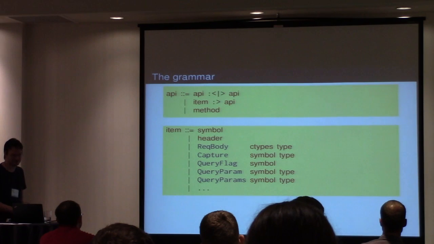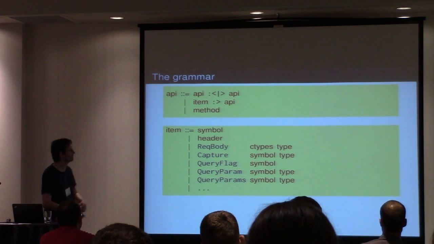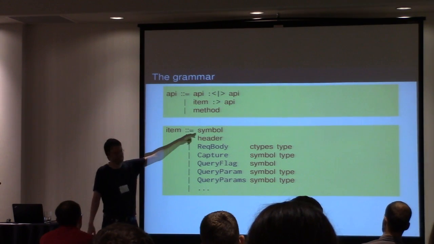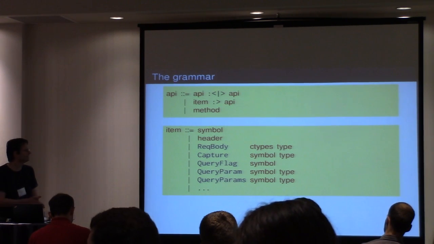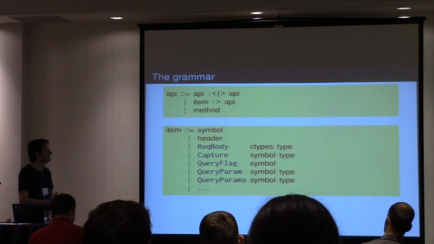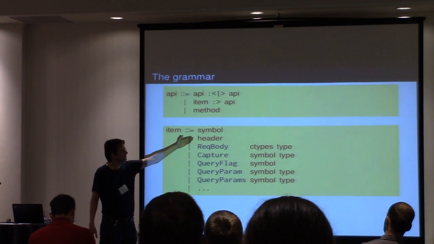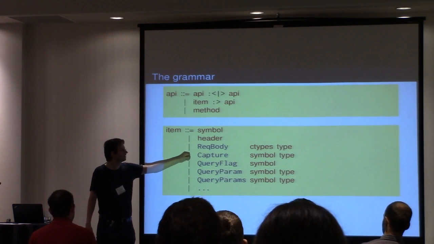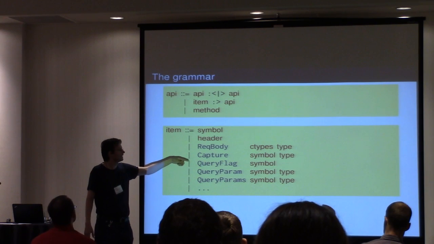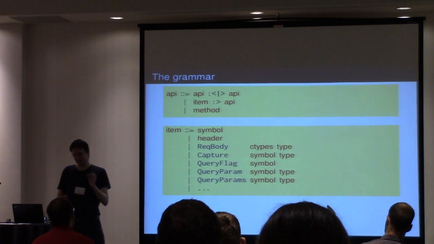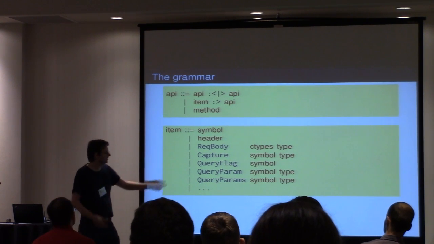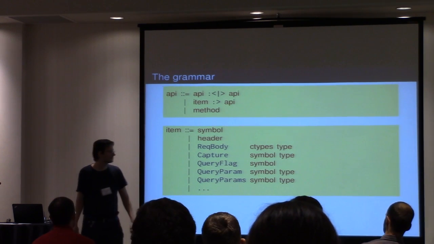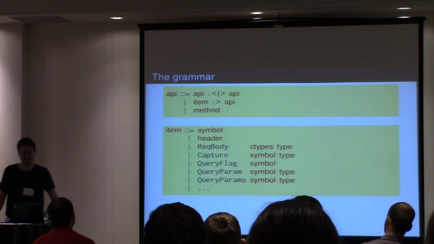So the items, to show just a few examples, they can be things like symbols. Symbols are just type level strings that restrict the path of the requests. They can require particular headers. You can require a particular request body. You can capture a particular dynamic part of the input, or you can match on query flags or query parameters in various different ways.